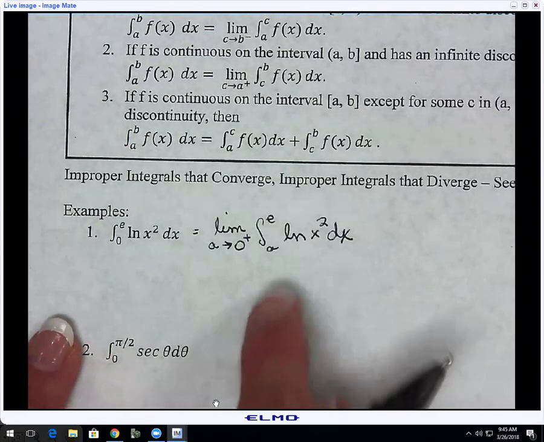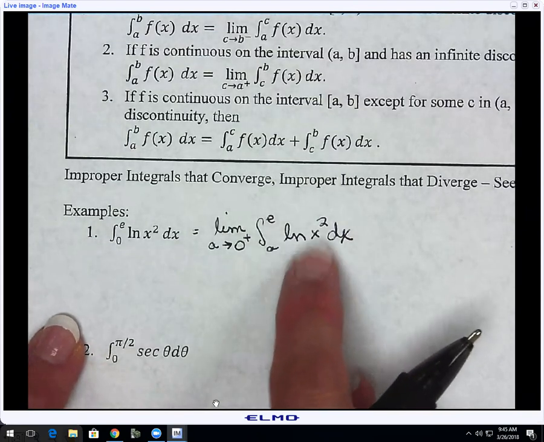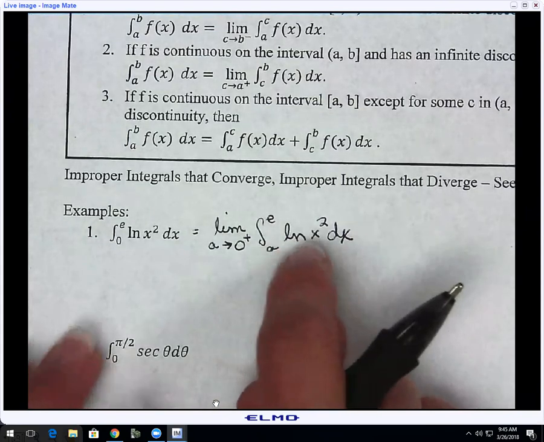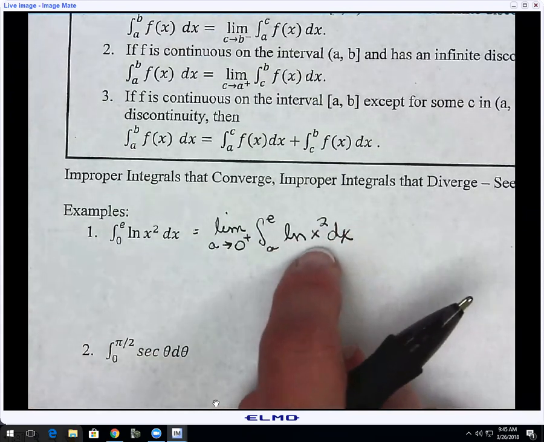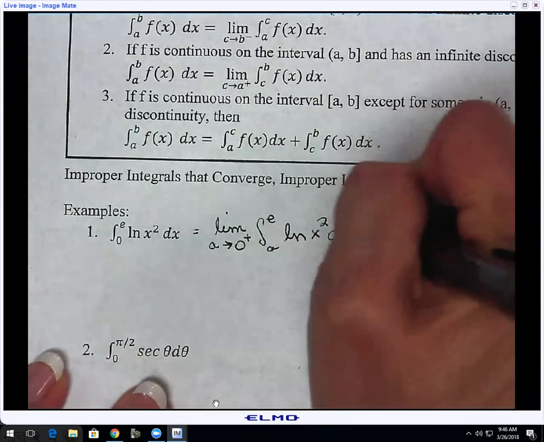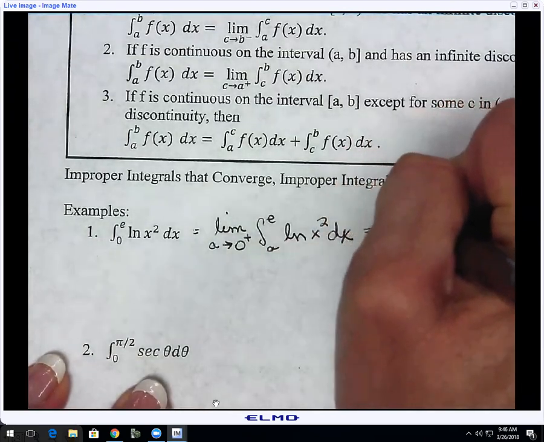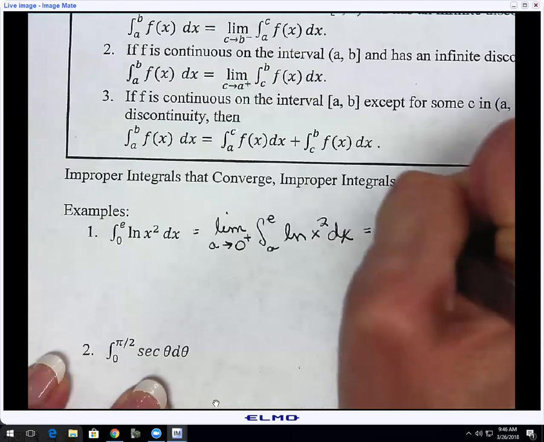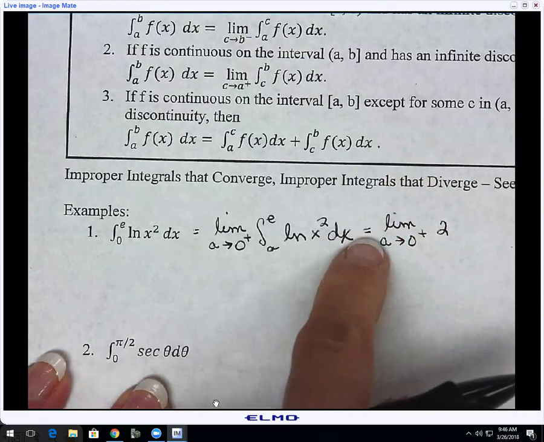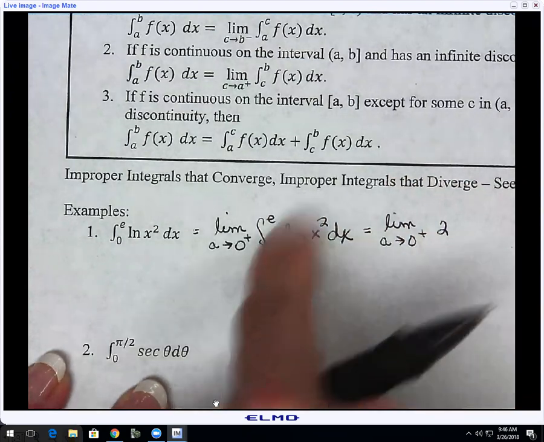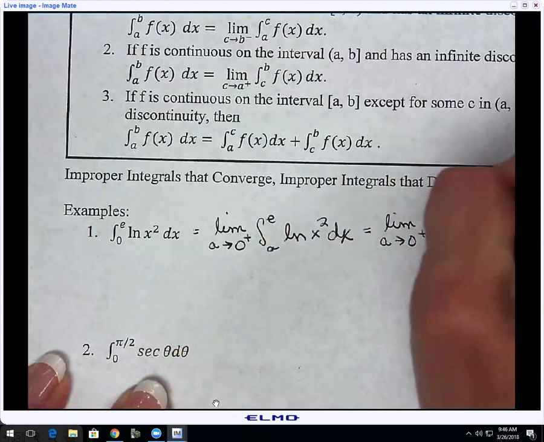I have learned, after many integration problems, that anytime I have natural log of something to an exponent, it makes the integration easier if I bring the exponent out front. First, I bring it out in front of the natural log, but really that means I can bring it out in front of the integral sign.